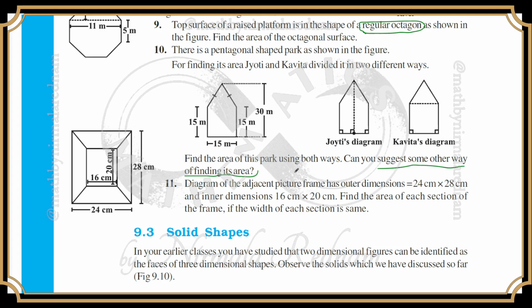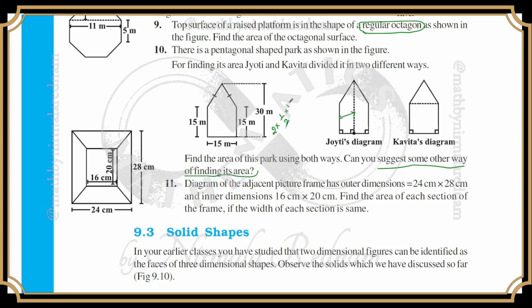Now, what is the area if we use Jyoti's method? What we are going to do is, I'll be having two trapeziums. Here I have two trapeziums and the height is nothing but, so it is 2 times of half. Height is half of this 15, right? This is the height, which is nothing but half of 15.